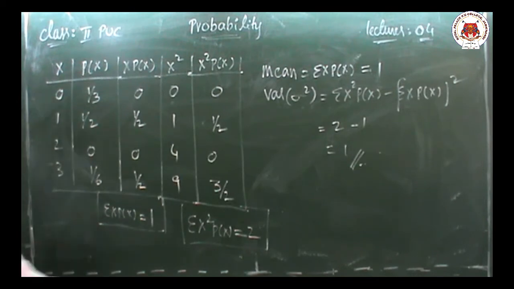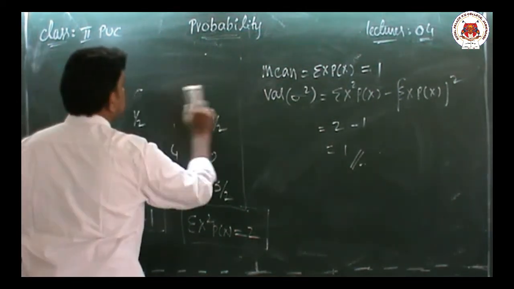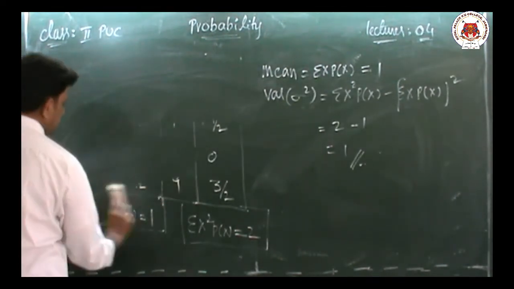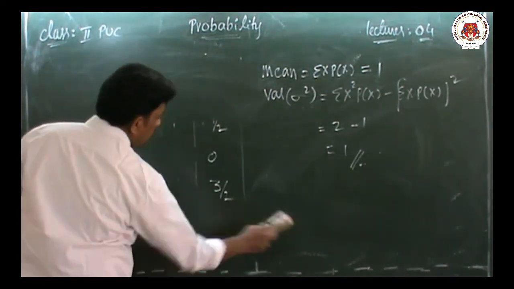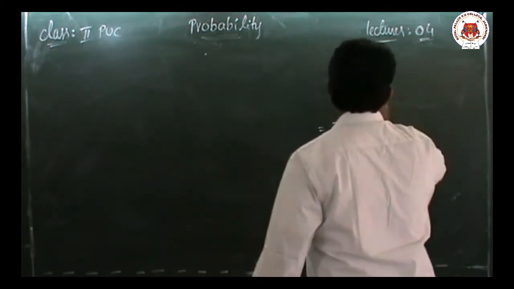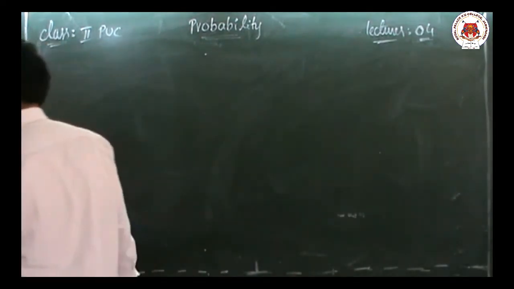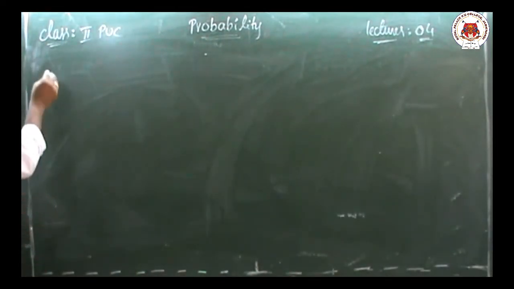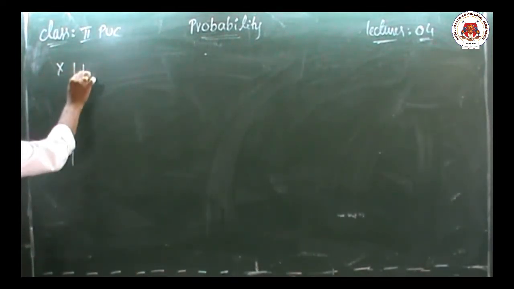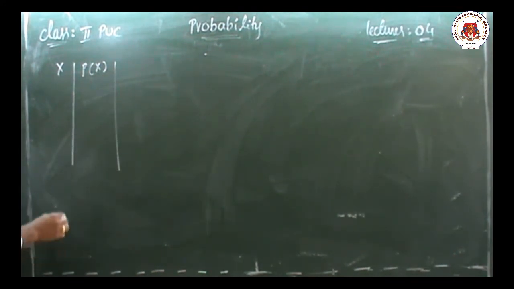Last and final question now. We have to practice all these questions. So here the question is: x is given, and p of x is given.